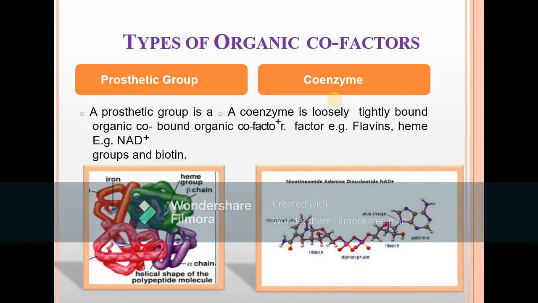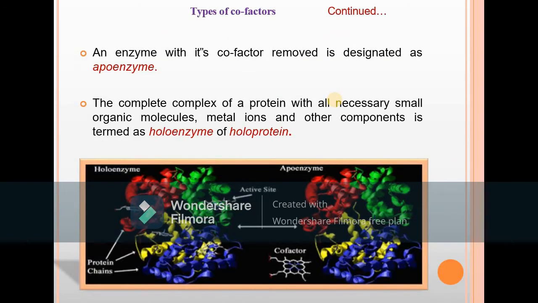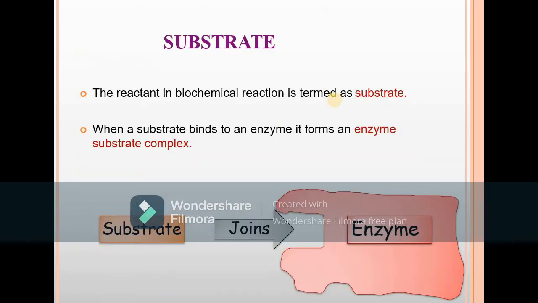Coenzymes transport chemical groups from one enzyme to another. Some important vitamins like riboflavin, thiamine and folic acid also act as coenzymes. An enzyme with its cofactor removed is called an apoenzyme, and the complete complex of a protein with all the necessary small organic molecules, metal ions and other components is termed a holoenzyme or holoprotein.